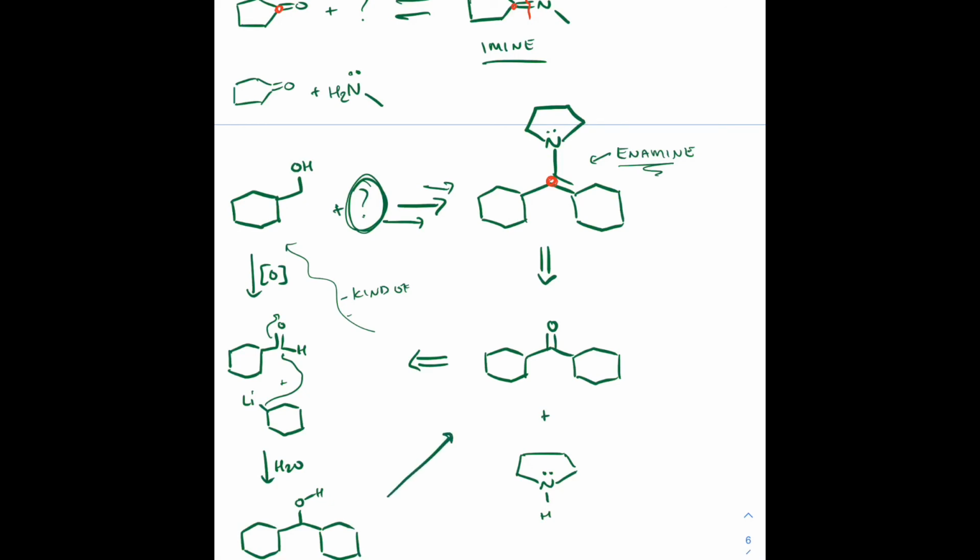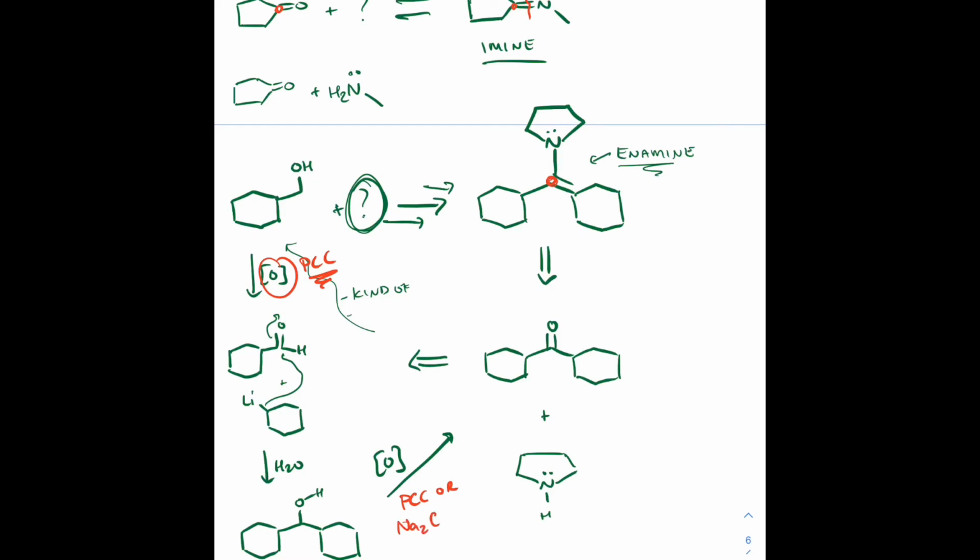And so for the oxidation steps in this particular reaction, we can use PCC for the first oxidation step, and we actually have to use PCC for that step because PCC, remember, selectively oxidizes primary alcohols to aldehydes.